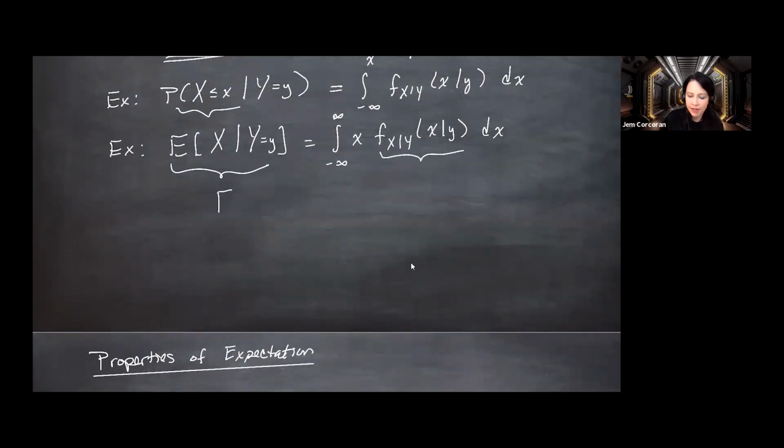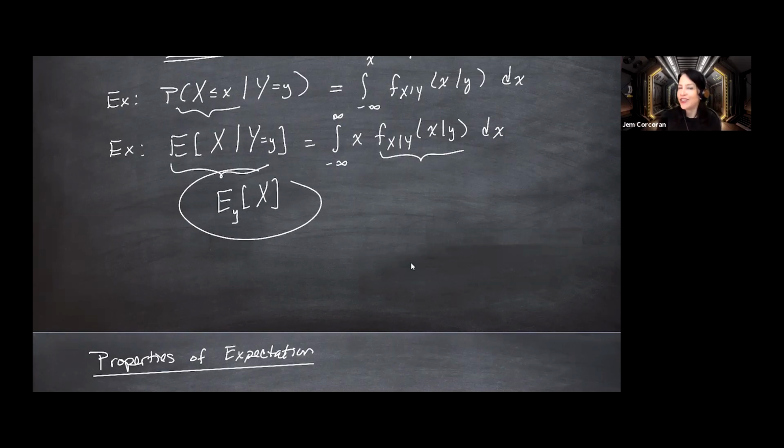But you could think of this as the expected value of x, with a little subscript to say that y has been given, and then you can really see the linear operator properties. We have everything we could possibly want because it acts like any other expectation. It's just that the PDF is a different PDF. So any nice properties of expectation that we have, like the law of the unconscious statistician and linear operator properties, will still hold in conditional land.